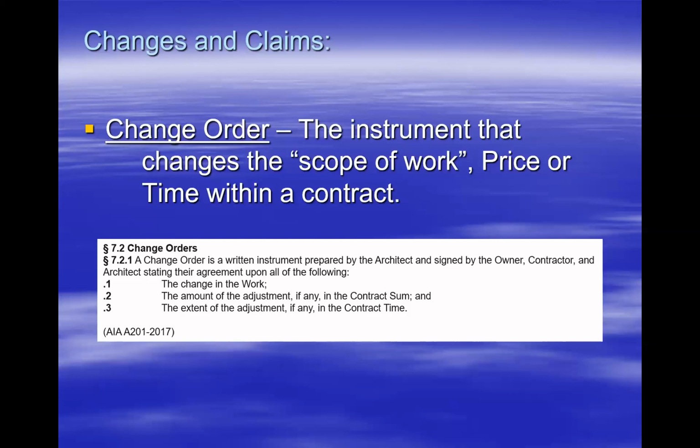So there is such a thing as a change order that could change the scope of work, but it actually does not change the contract time or the contract sum. You could have a change of scope of work. For example, let's just say on one change order that we have some type of an electrical change where we're going to change a type of light fixture, and we are going to add in a different type of light fixture.